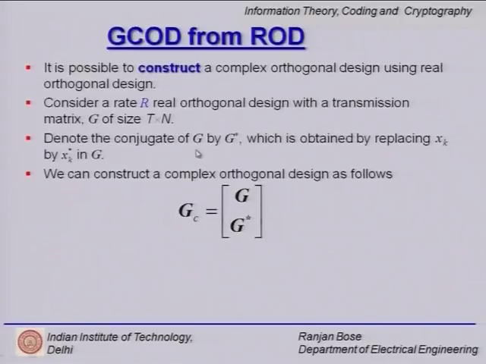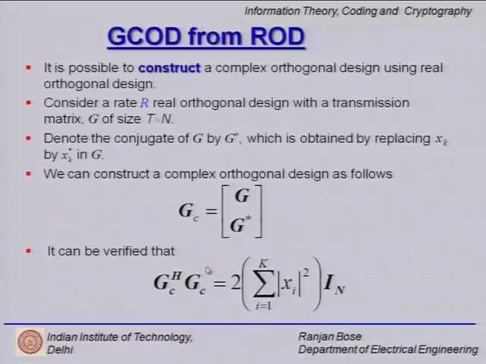We denote the conjugate of G by G star, and this is nothing but replacing all the elements xk with xk star, x1 by x1 star, and so on and so forth. Therefore we construct a complex orthogonal design as follows: Gc is nothing but G, the generator matrix of the real orthogonal design, stacked with G star.